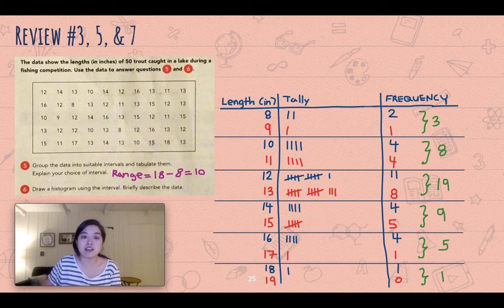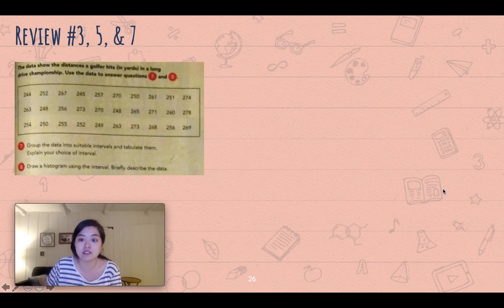And I just grouped the frequencies here because when I tabulate my data, this is going to be 8 to 9, and then the frequency is 3. Between 10 to 11 inches, the frequency is 8. Between 12 to 13 inches, the frequency is 9.